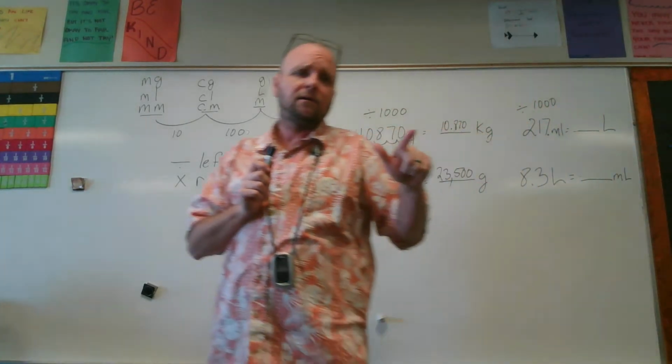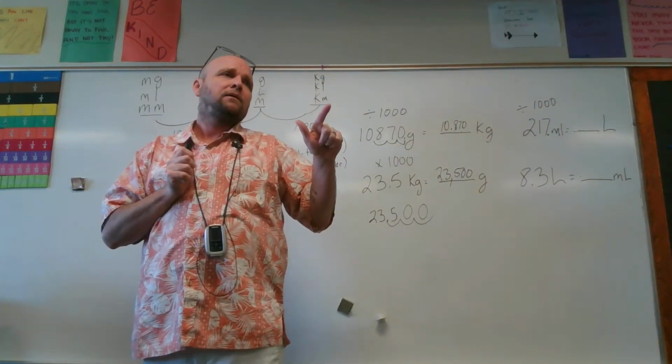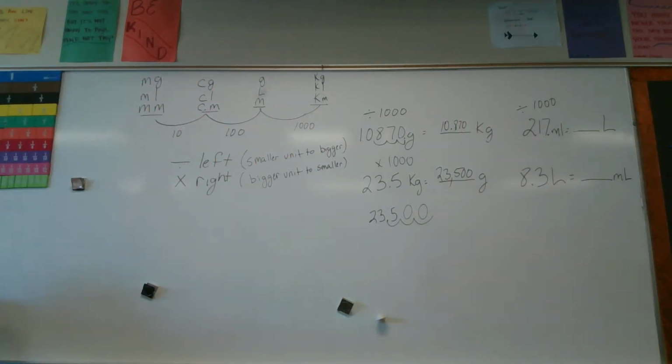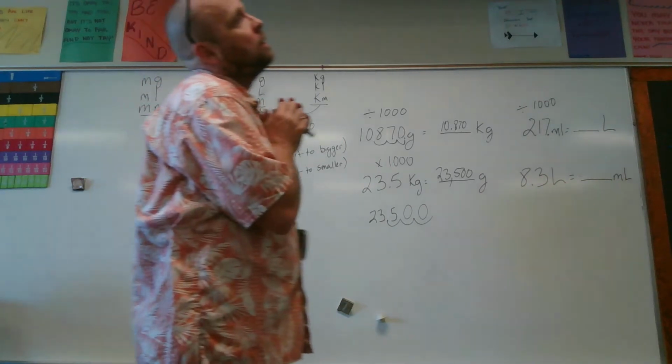Now, Addie, when we're dividing in our conversions, or when we're just dividing a number by 1,000, period, which direction am I going to move that decimal point? Left. To the left. Because I want the number itself to get smaller.